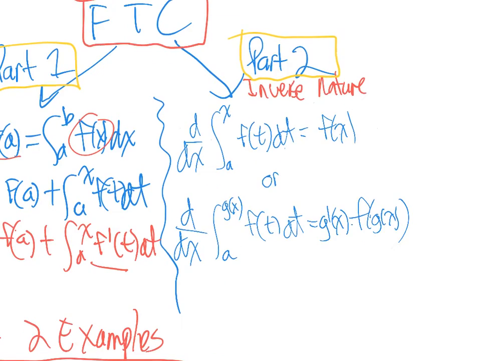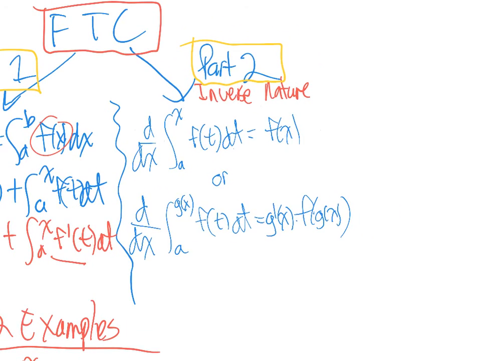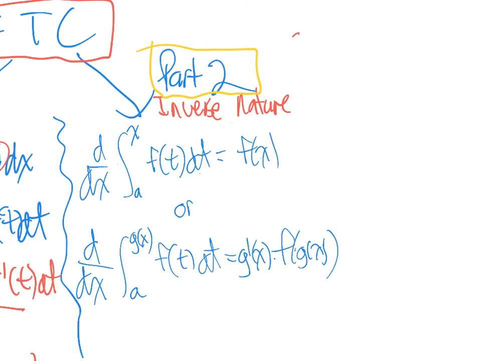Now, part two is a really easy part of the fundamental theorem, and that's the inverse nature of derivatives and of integrals. It's like if I said do d by dx of the integral of 2x.